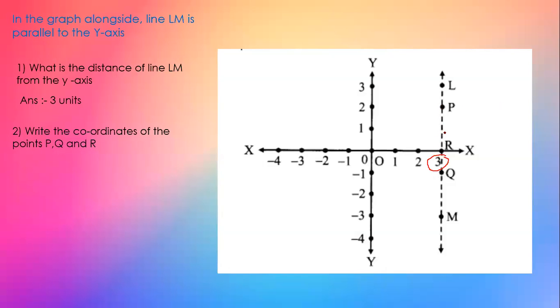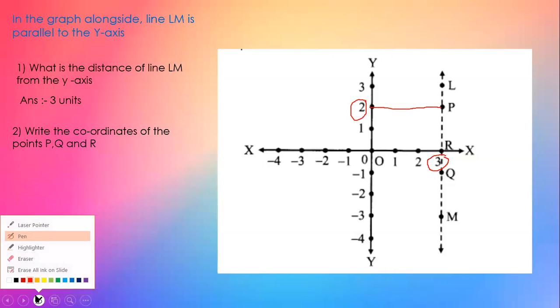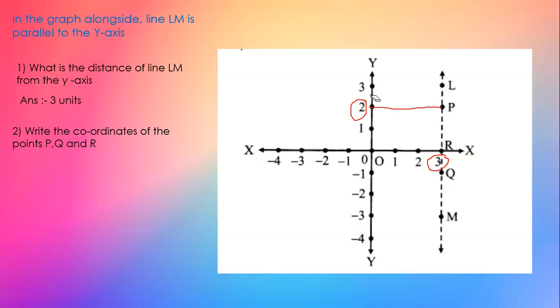So for point P, the x coordinate is 3. And what is the y coordinate? If you see, the y coordinate is 2, right? So we can write the coordinates of P as (3, 2). The next point is point Q. So where is point Q?